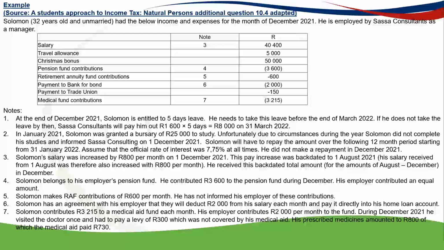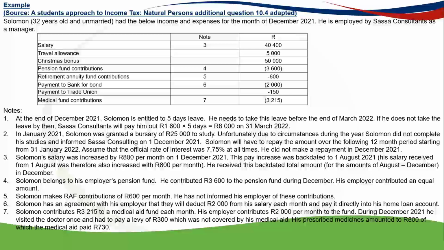This pay increase was backdated to 1 August 2021. His salary received from 1 August was therefore also increased with 800 per month. He received this backdated total amount for the months of August to December in December.